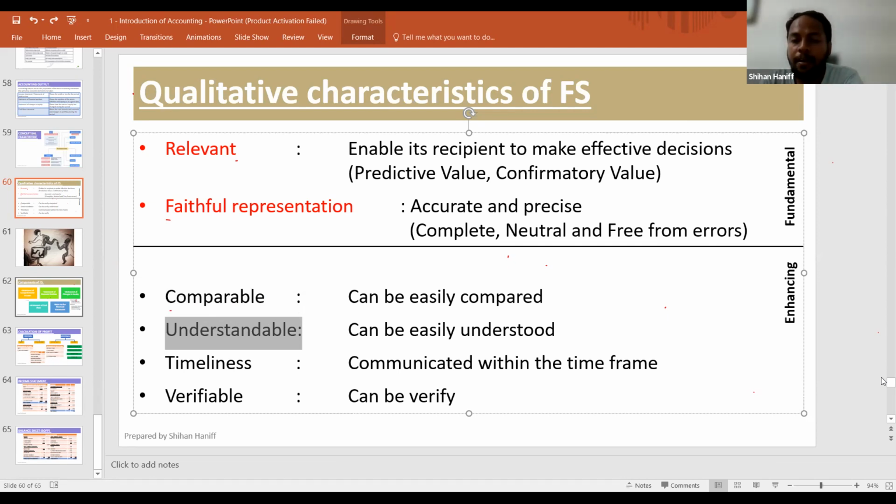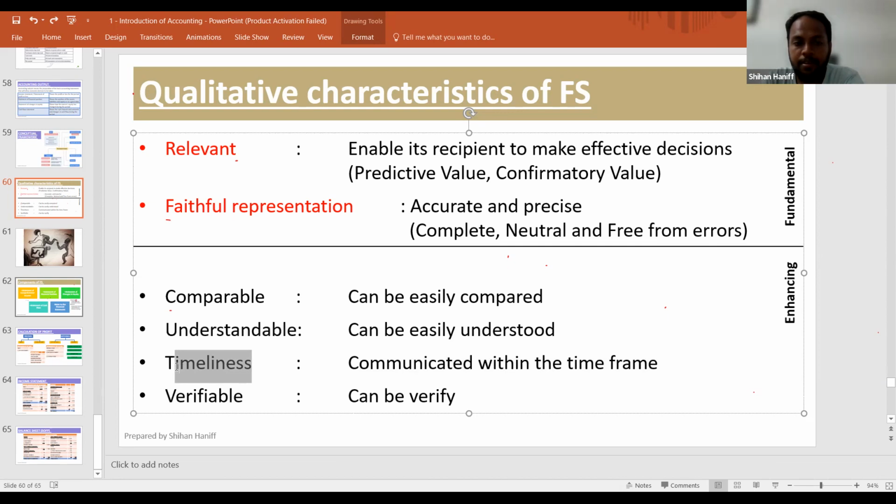That is why we prepare a comprehensive income statement. In the income statement the format is sales minus cost of sales, gross profit, plus other income, minus expenses, so that people can understand. If you put it as debit credit, 2 sides, it's difficult to understand for some people.